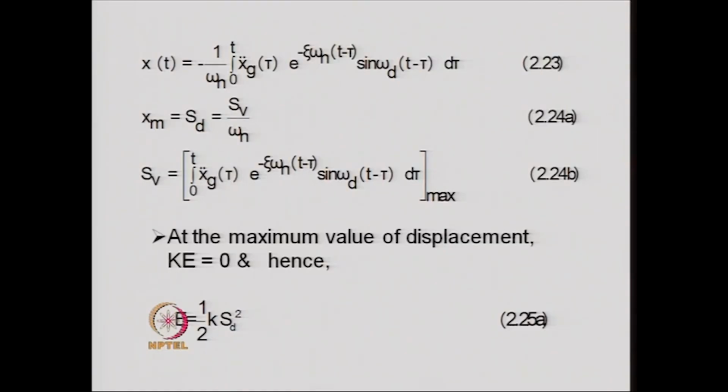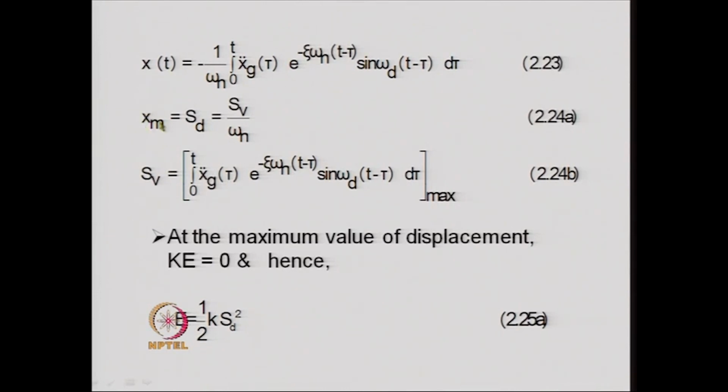Then for the elapsed time, that is t minus tau, the single degree of freedom system vibrates as a free vibration problem or vibrates as a damped free system. Now, using that concept, we are able to obtain the x(t) using this integration.